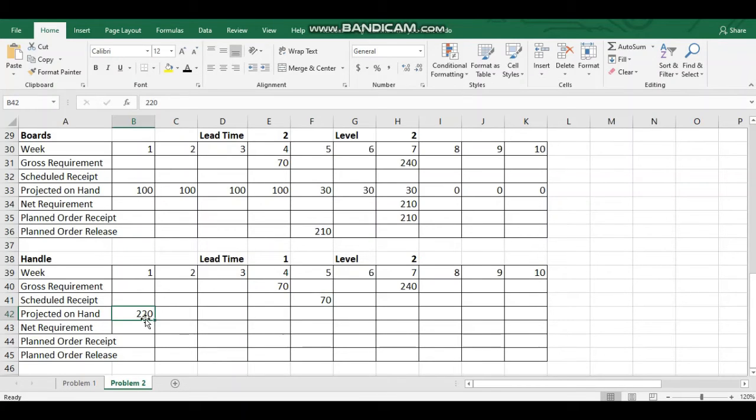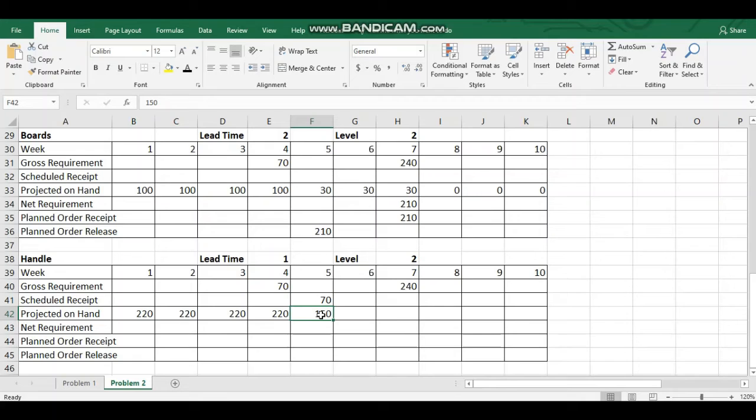Now this inventory will be carried until week 4. In week 4, the requirement is only 70 units. So all of these gross requirements will be fulfilled using our inventory. So our inventory will be subtracted with this gross requirement, and it becomes 150 units.